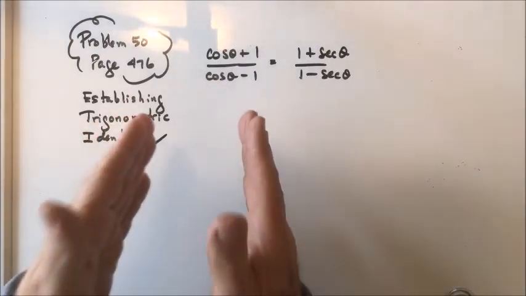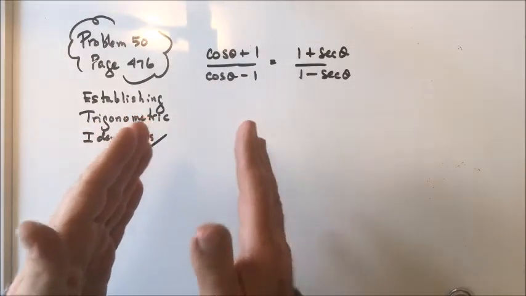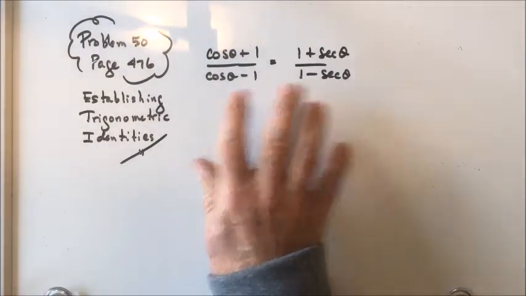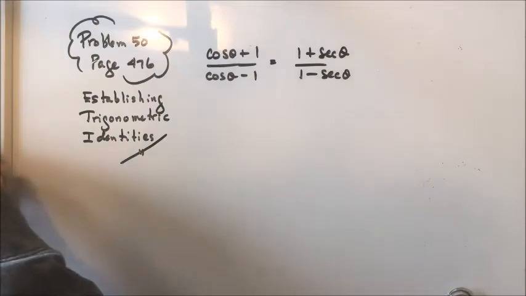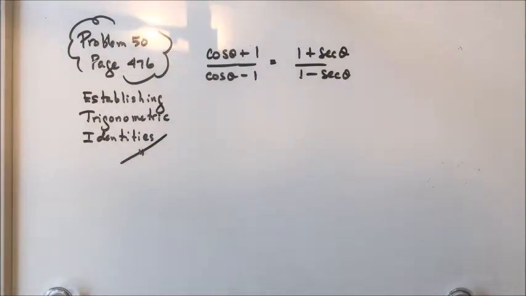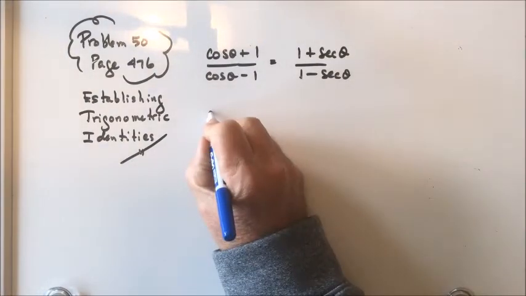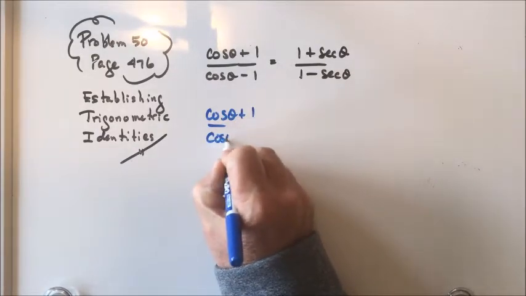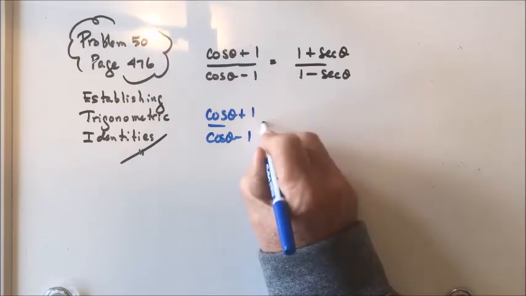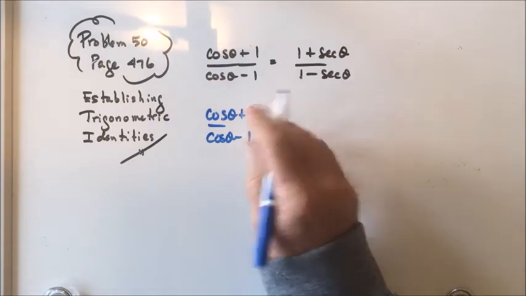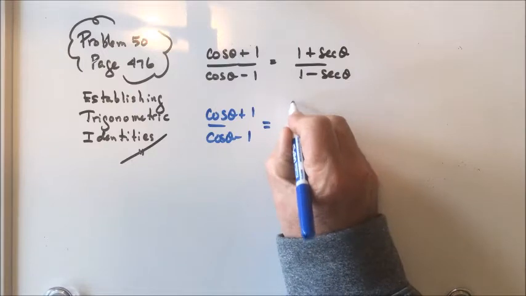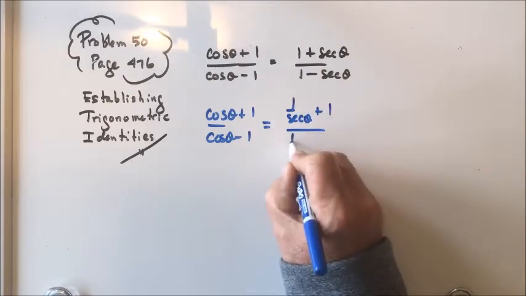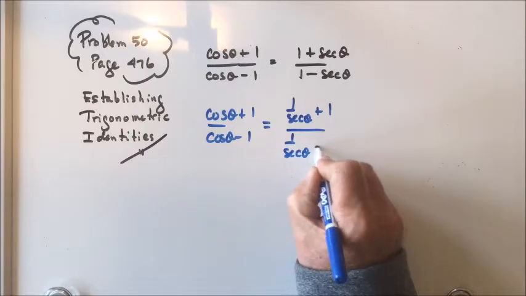The idea is to take the left-hand side and through legal, do air quotes here, legal means, convert it to the right-hand side. And we are starting out easy here because it turns out that the cosine of theta plus 1 all over the cosine of theta minus 1 is equal to, now all I'm going to do is change this, it's equal to 1 over the secant theta plus 1 all over 1 over the secant theta minus 1.